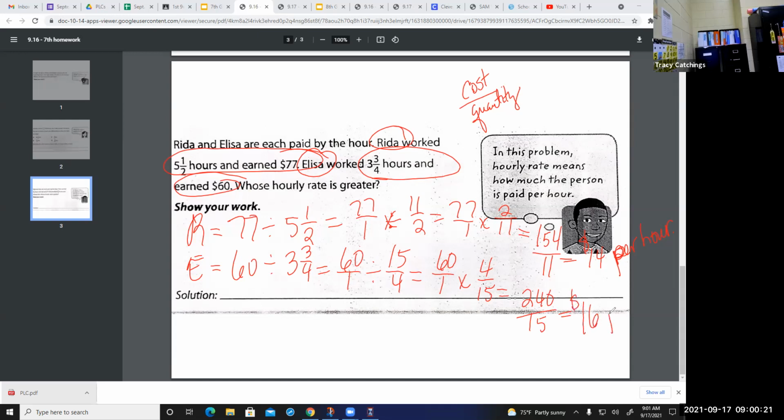So $16 per what? Hour. Make sure you put your units at the end. And then they asked whose hourly rate is greater? Alyssa. Good job, $16 is greater than $14 per hour.